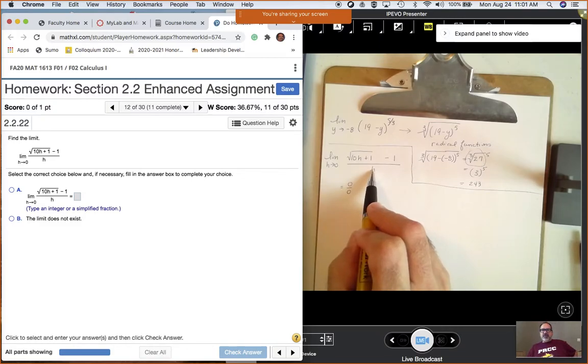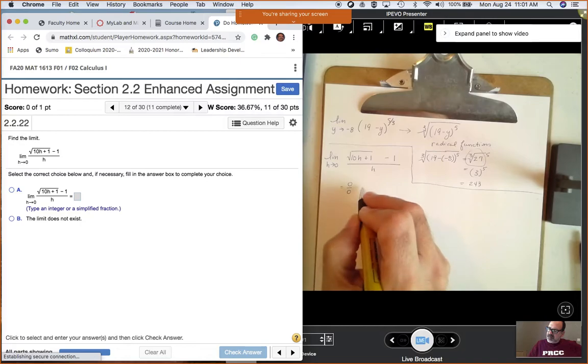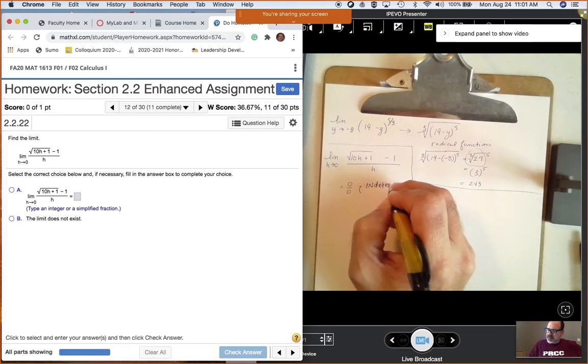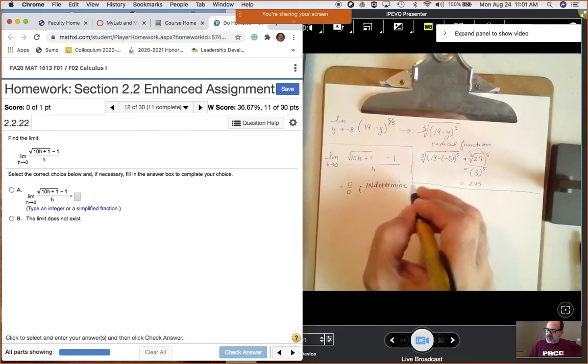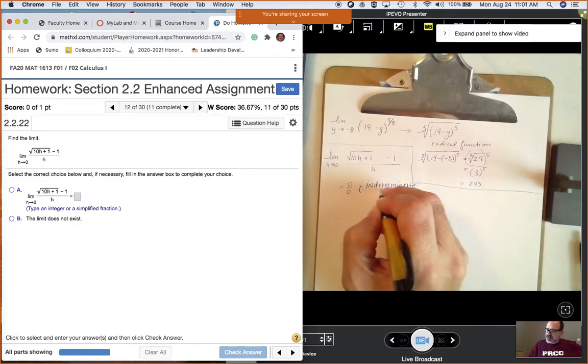Now 0 divided by 0 is what's referred to as an indeterminate form. That is, we can't determine whether the top number is bigger or the bottom number is bigger. Indeterminate, and spell it right, form.